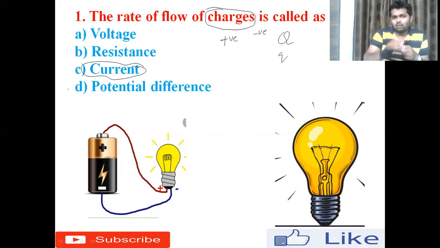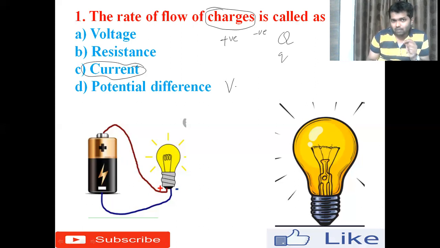For example, water is flowing in a river, so I can say water current. Wind is blowing, I can say wind current. In the same way, when the charges are flowing, when the electrons are flowing in a conductor, I can call it an electric current. Next one is potential difference.